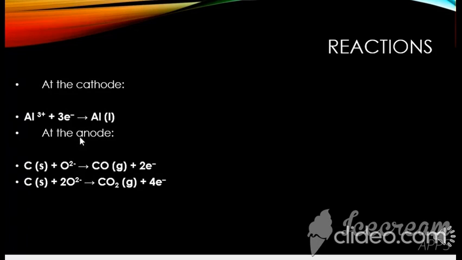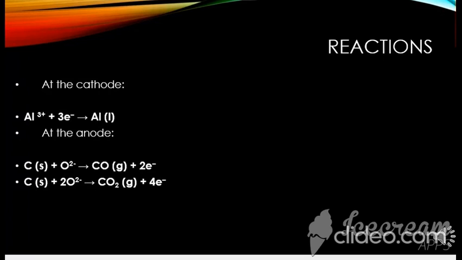90% pure aluminium is what we get with the help of Hall's process. But something happens at the anode. The carbon anodes, graphite or carbon, react with the oxygen, forming carbon monoxide, and carbon dioxide is evolved from the anode.